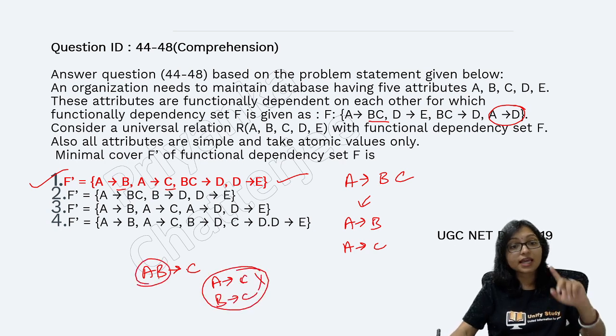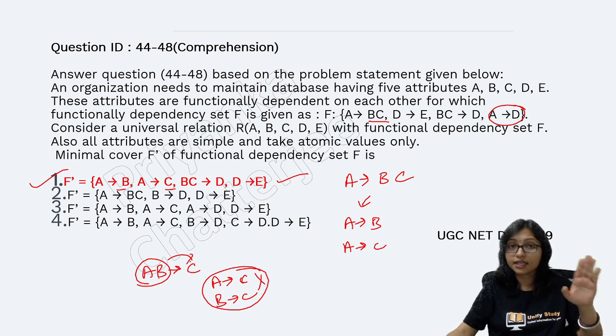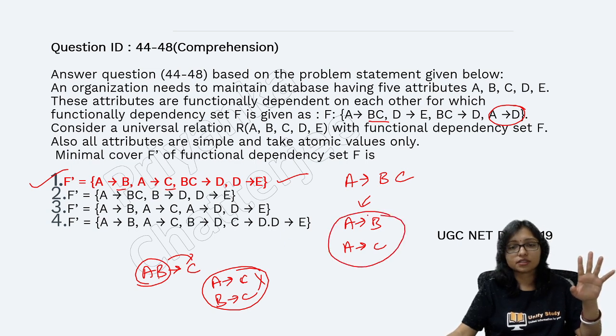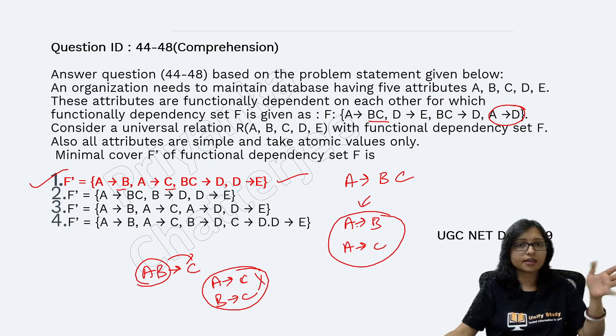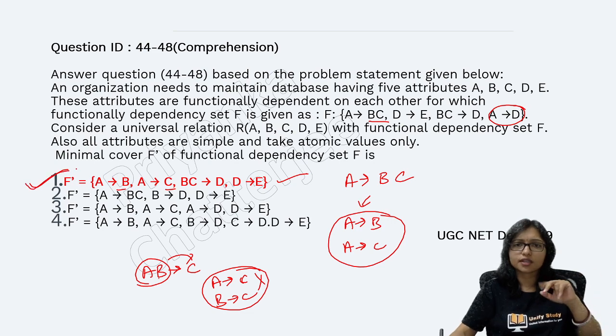A, B together can imply C. A alone cannot do it directly, B alone cannot do it directly. Don't do that. In the first case it is possible: I can determine you, I can determine your friend also, so I can determine both. That is okay. But this is no. And that's why your answer is this one. Clear?